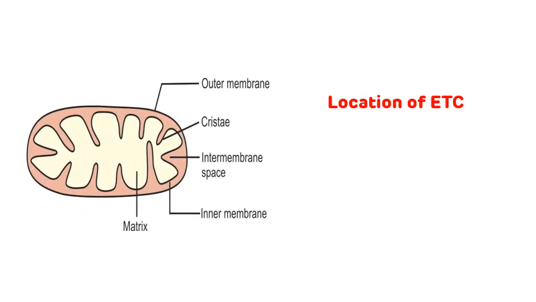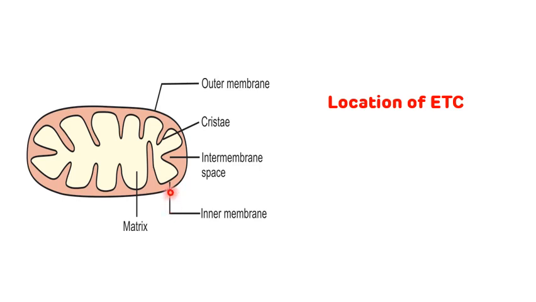Now, the location of the electron transport chain. The main location of the electron transport chain is the mitochondria, and inside the mitochondria, particularly the inner mitochondrial membrane, the inner side of the inner mitochondrial membrane. So that is the location of the electron transport chain.